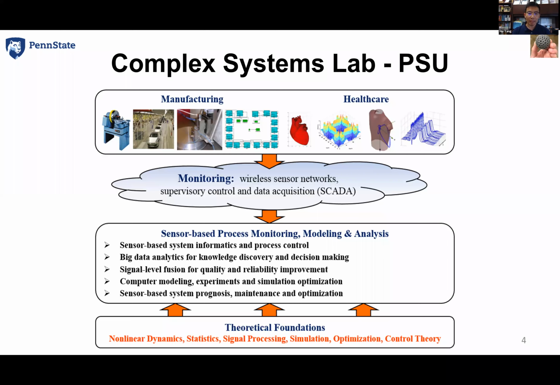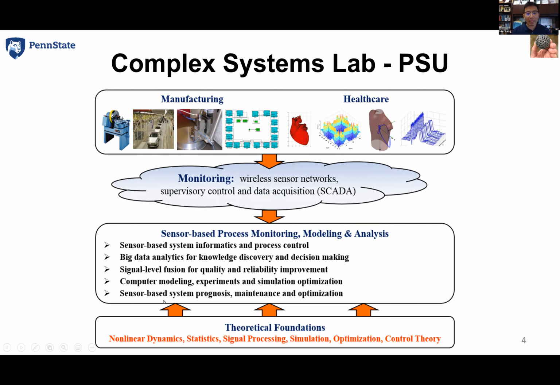So in industrial engineering, we focus on sensor-based process monitoring, modeling, and analysis, including system informatics and control, data analytics for knowledge discovery and decision-making, and also definitely quality and reliability engineering. And also you can leverage those data to calibrate computer models and do computer experiments and simulation optimization.